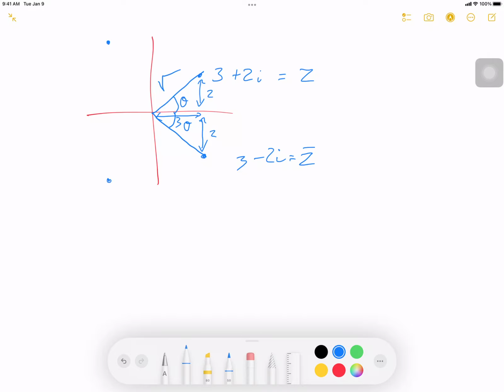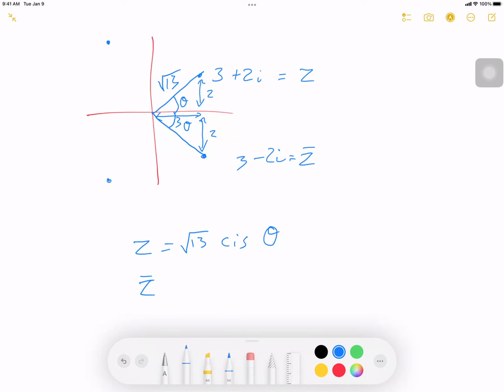So we've got 3 squared as 9 plus 4, so square root of 13. So if I were to write z in polar form, my modulus would be root 13, and then I would have cis, and I'm not even going to work out what theta is because I really want to make a point here.